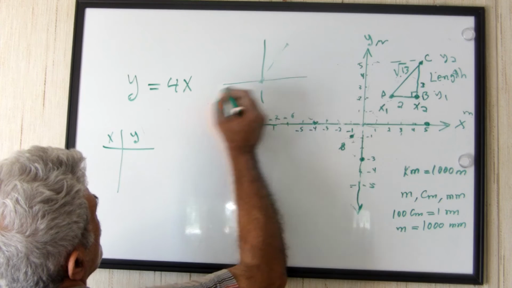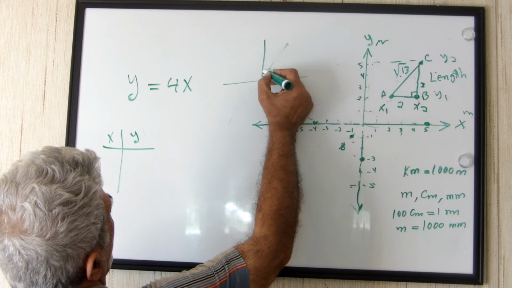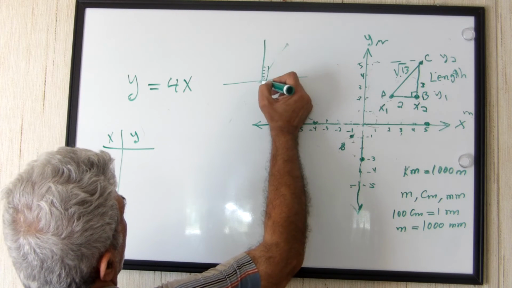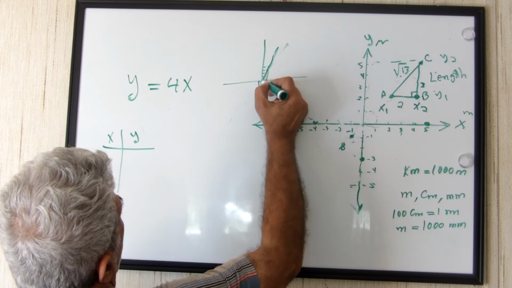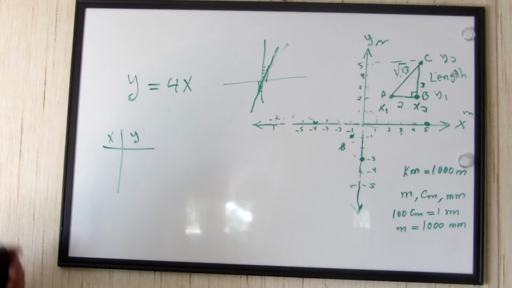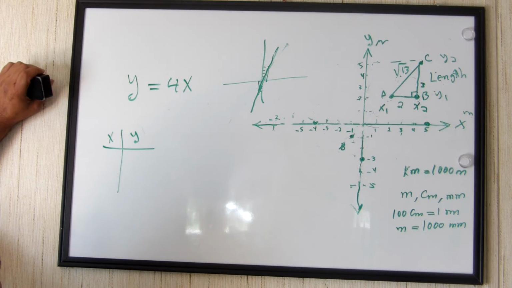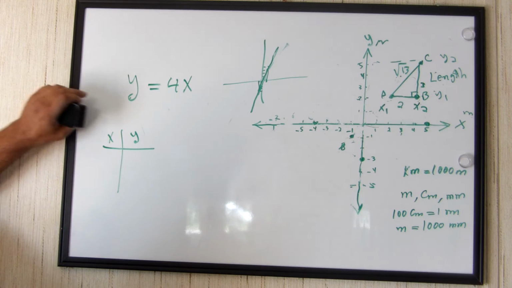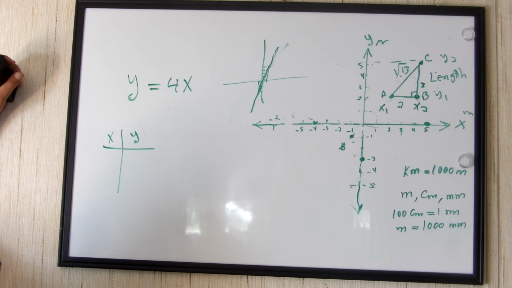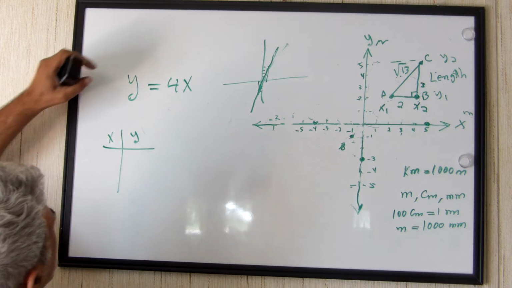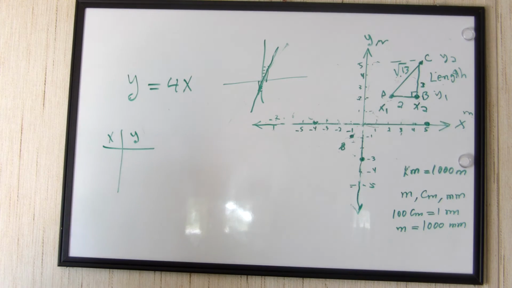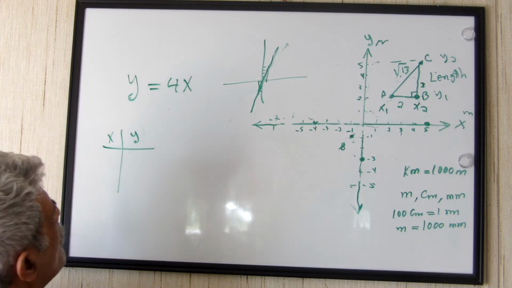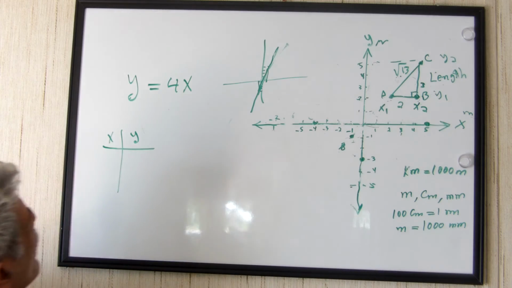It means for every 1 x, there are 4 y. There are also things that are not functions. We have all kinds of different equations and functions, and you have to put in the value for x to find y.